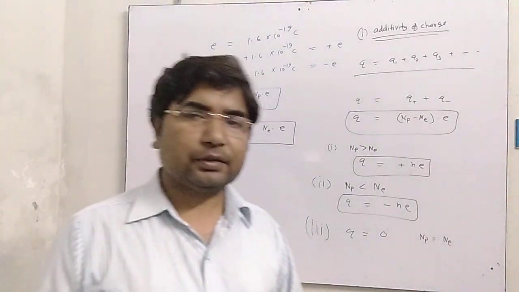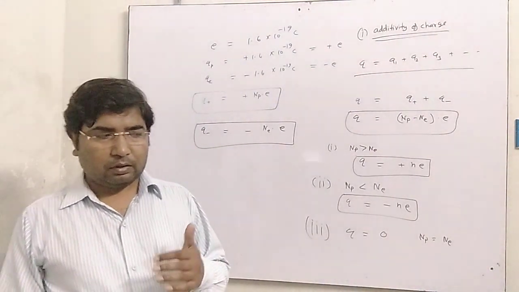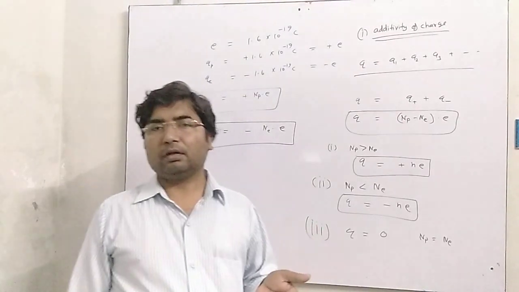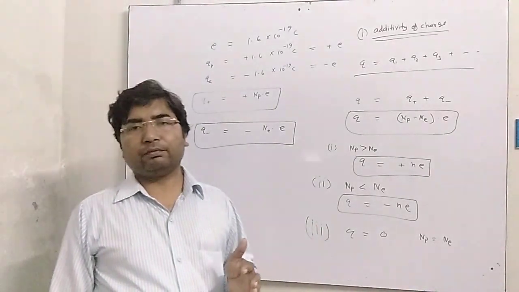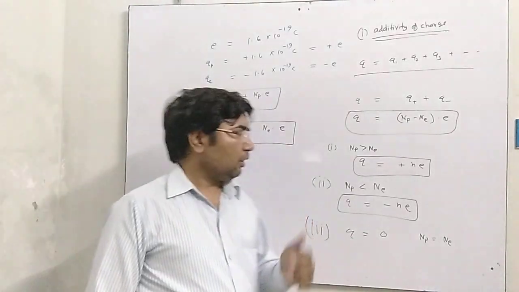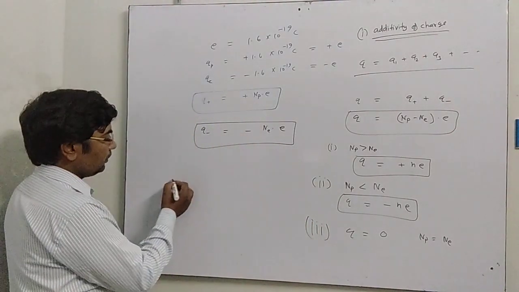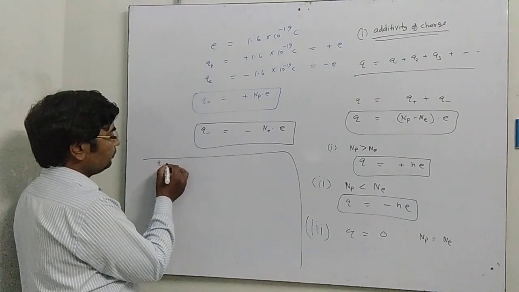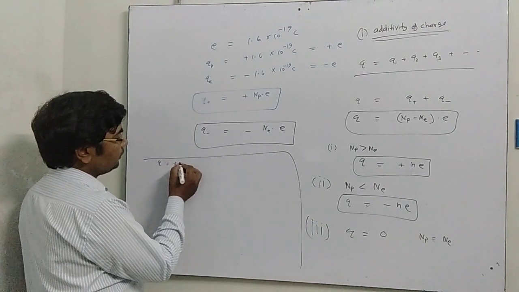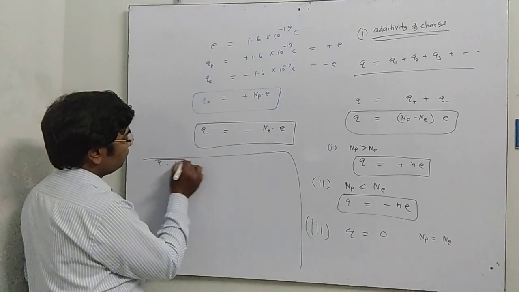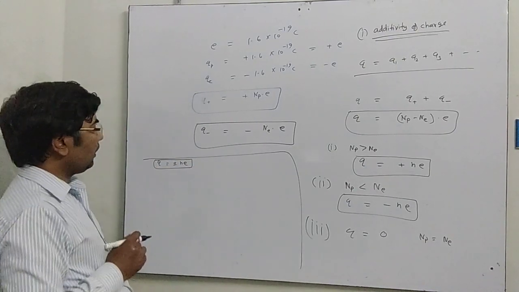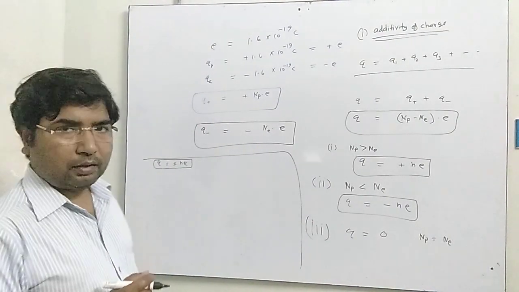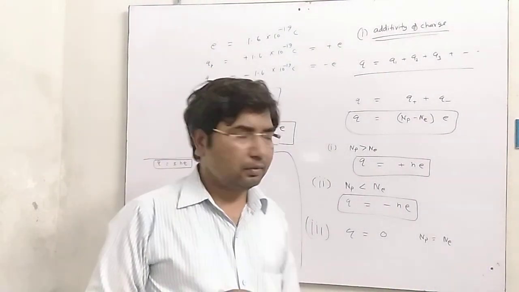According to the quantization of charge, the total amount of charge contained in the substance or material is the integral multiple of the elementary charge, which is written as Q equal to plus minus n e, where n is an integer.